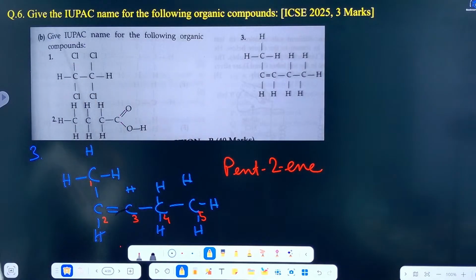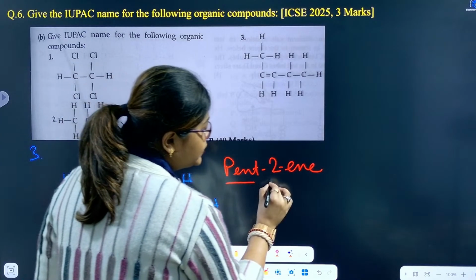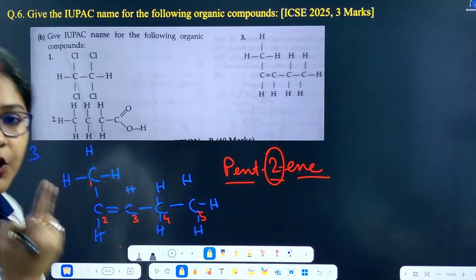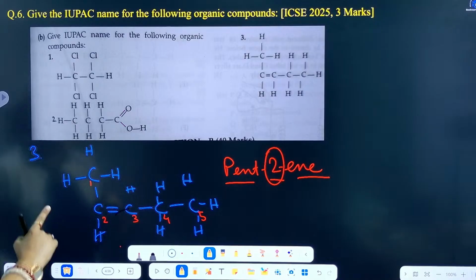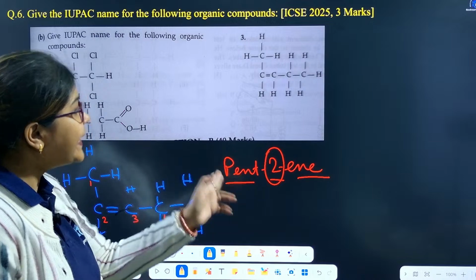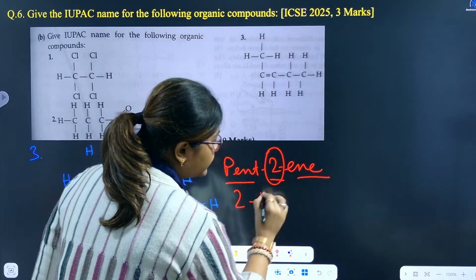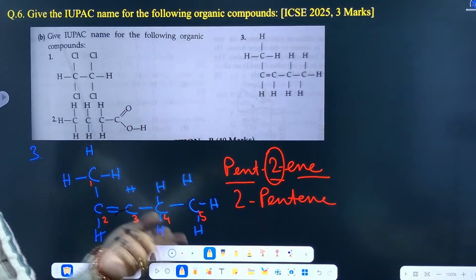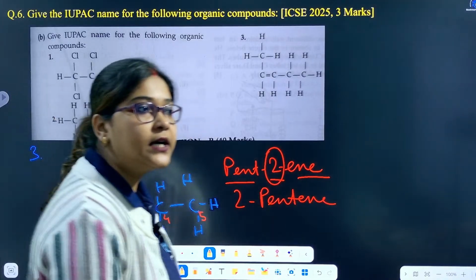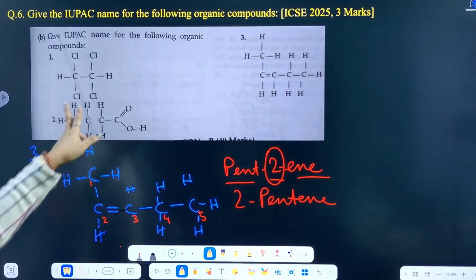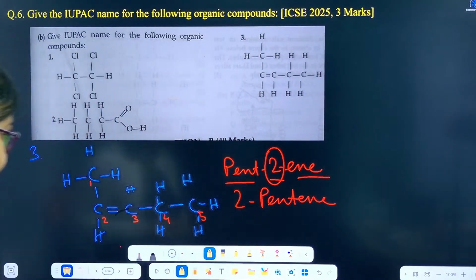This is an alkene. 2 gives the position of the double bond, and as you have 5 carbon atoms, this is pent-2-ene or 2-pentene. You can write it in both ways. Okay? Is it clear? So, this is the IUPAC naming of the 3 compounds.